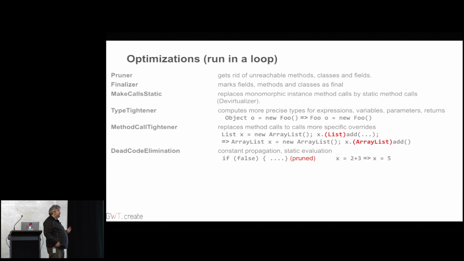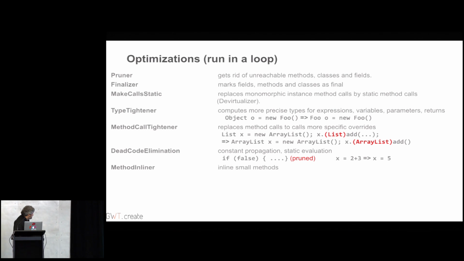For example, if you do string equals and you have two constants, then the compiler will just perform the comparison and replace it with the result of the static evaluation of that comparison. So if someone wants to look at the compiler, dead code elimination is one of the nicest passes to look at, because it's a local optimization, so you can see how it works. It has many, many cases, so it's one of the easiest to get into.